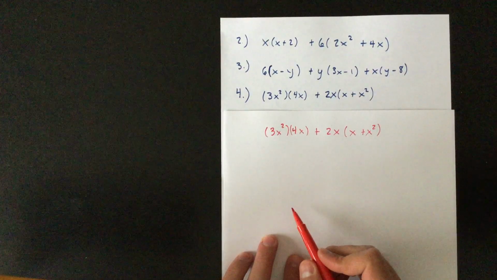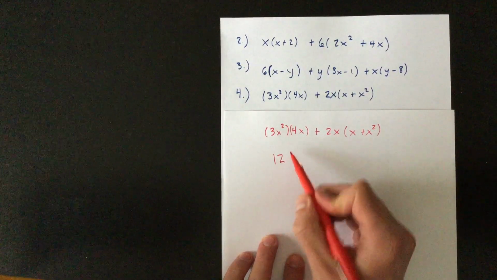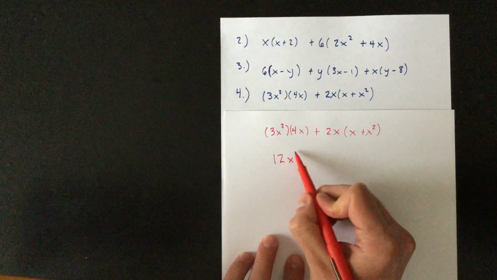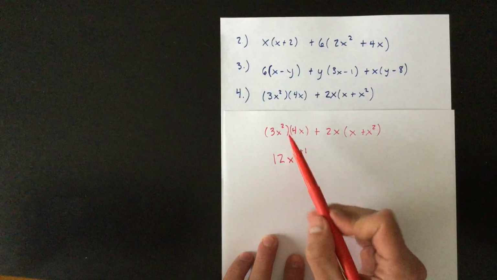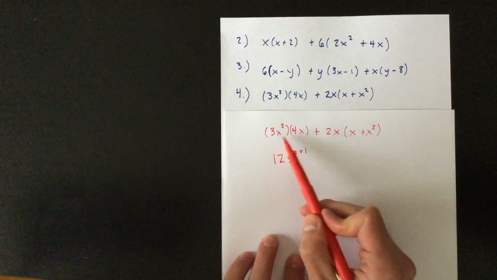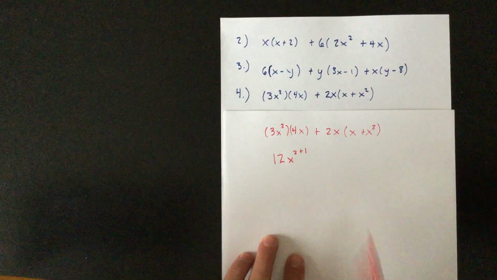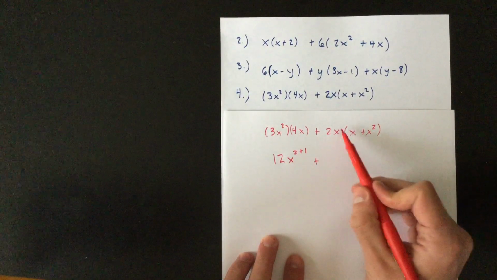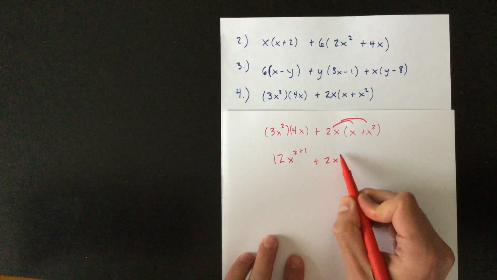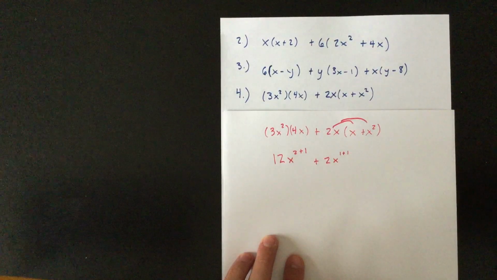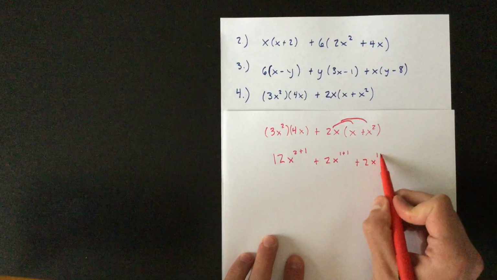So 3x squared times 4x is going to be 12x to the 2 plus 1 power. Whenever you're multiplying like variables or matching variables, you add their exponents. So 2 plus the invisible 1 that's there. And then over here, I'm going to distribute. So this will be plus 2x to the 1 plus 1 power, plus 2 times x to the 1 plus 2 power.